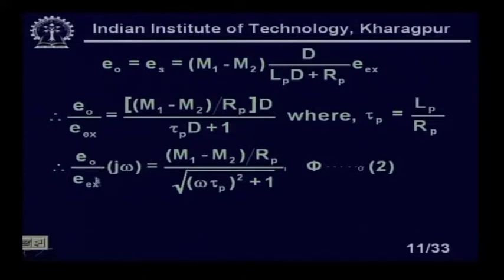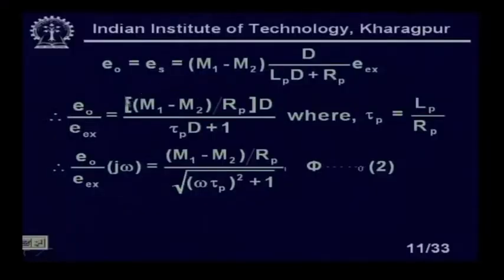Now, in E naught by Ex, where is the position x? The position is inside M1 and M2, because these are directly proportional to the position of the core. So, the output voltage also depends on the value of M1. All other things remain constant, while M1 and M2 will vary.